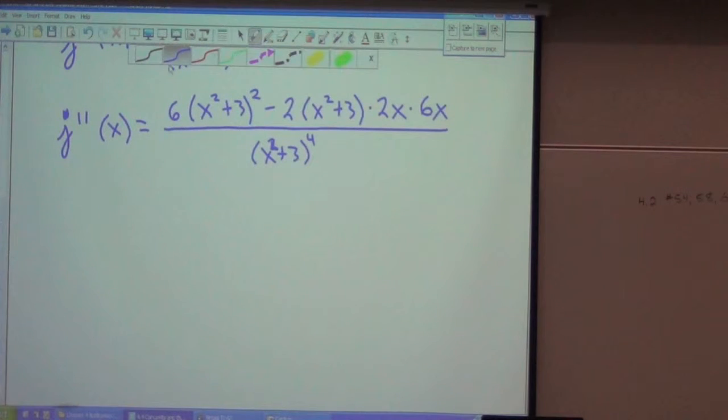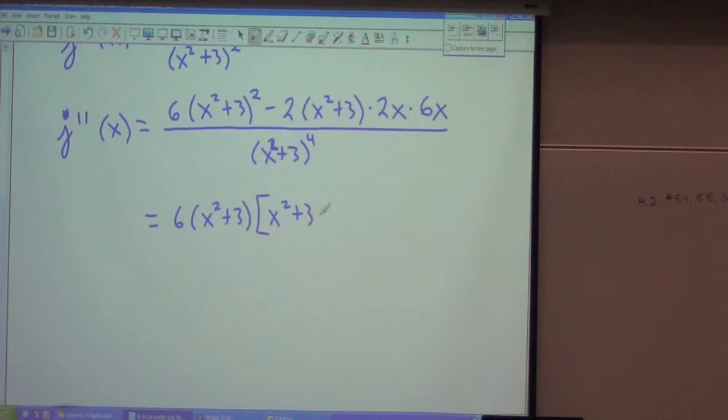We've got to simplify this. What if we factor a 6 and an x squared plus 3 out of everything at the top? Took that out, then we'd be left with 1 times x squared plus 3. Minus, we took the 6 out, so we're left with 2 times 2 is 4, and x times x is x squared. Make sure I did that right. x squared plus 3 to the 4th.